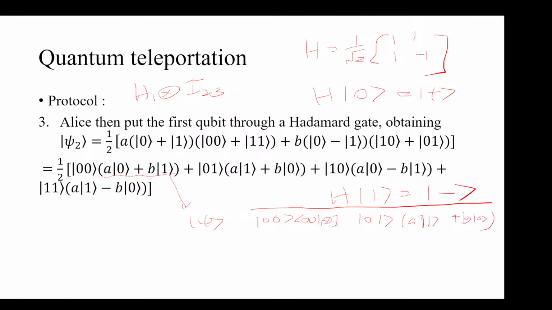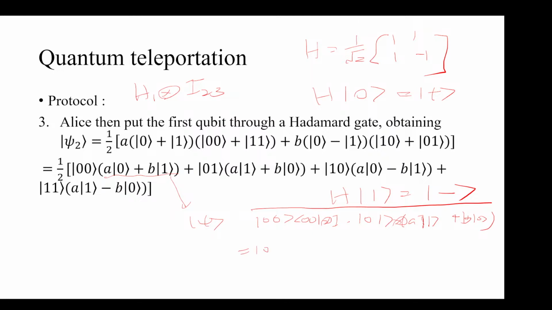By our tensor product rule, each slot acts separately, because we have the first two qubits tensor the third qubit, so they act separately.